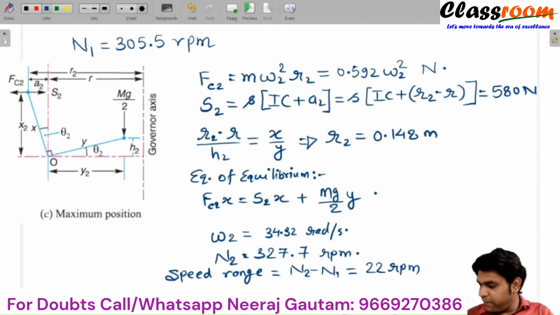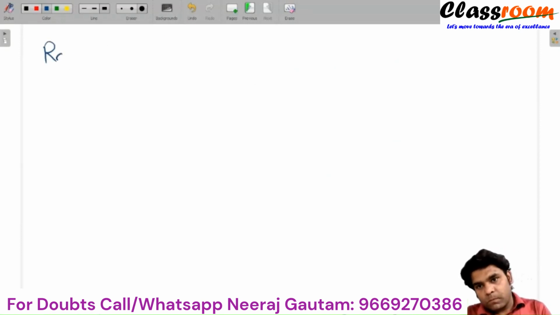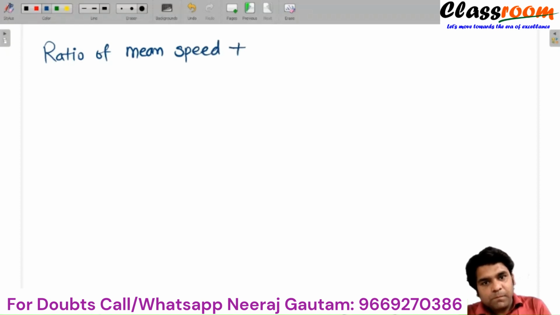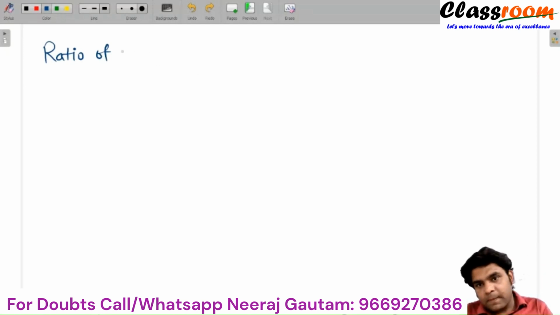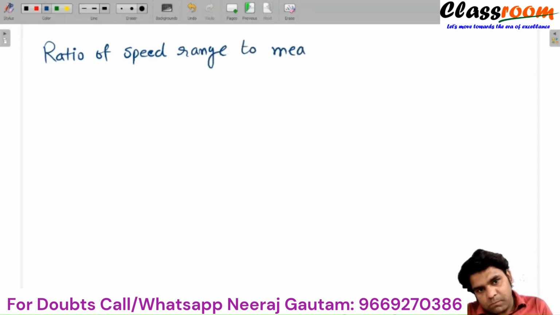The ratio of speed range to the mean speed, that is N2 minus N1 by mean speed.